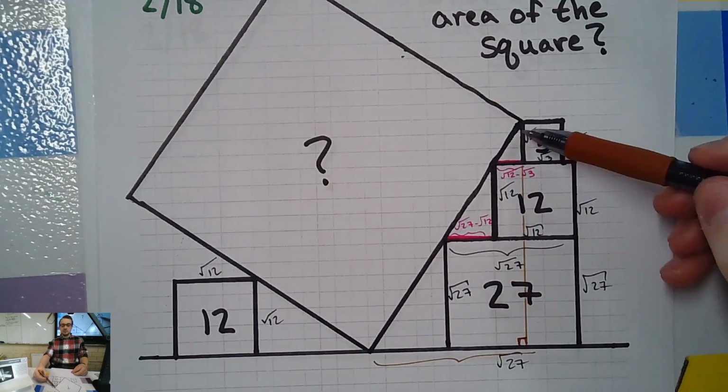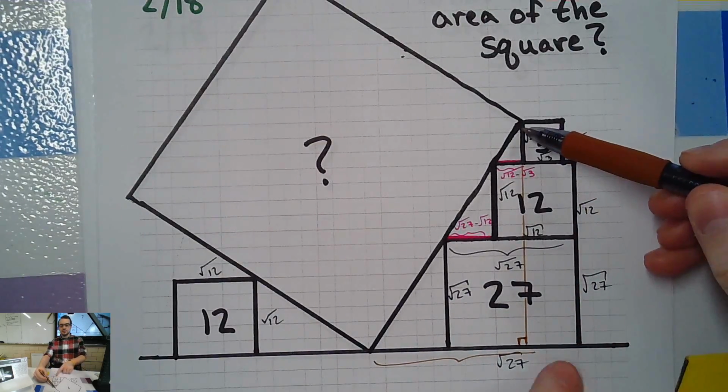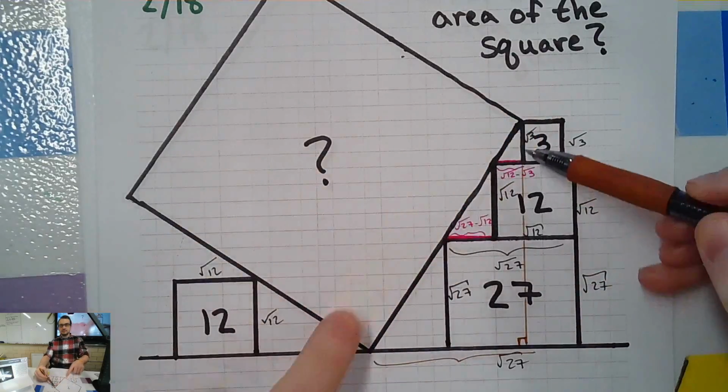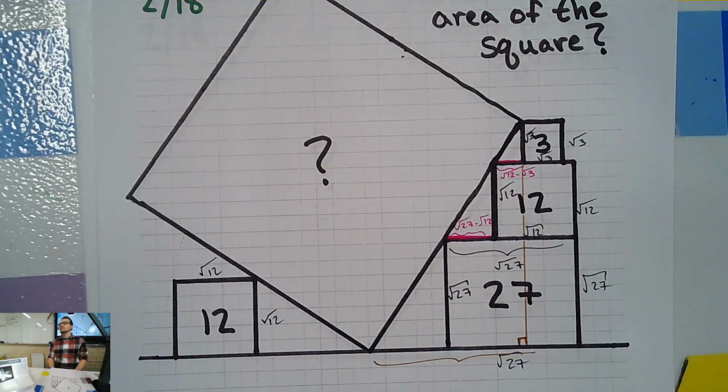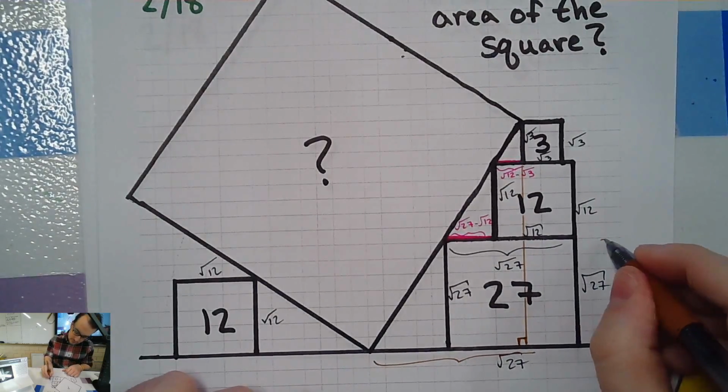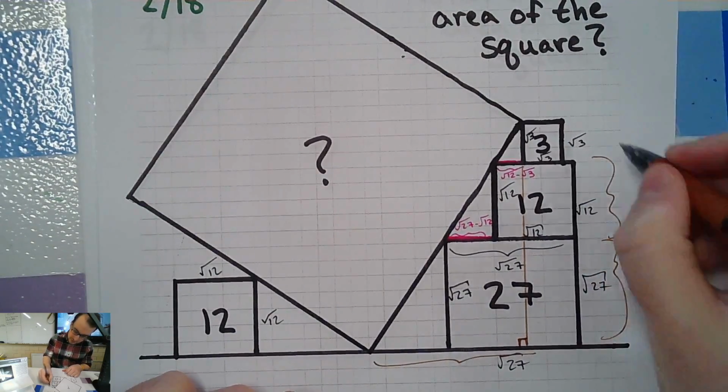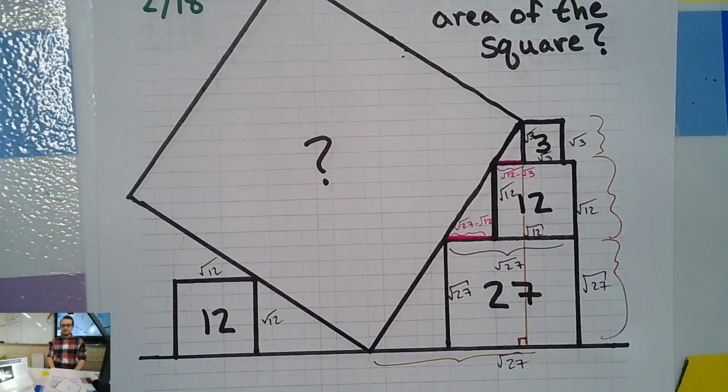How do we figure out the height of this right triangle? Do you see it? Yeah. It's this plus this plus this in height. So that's root 27 plus root 12 plus root 3.